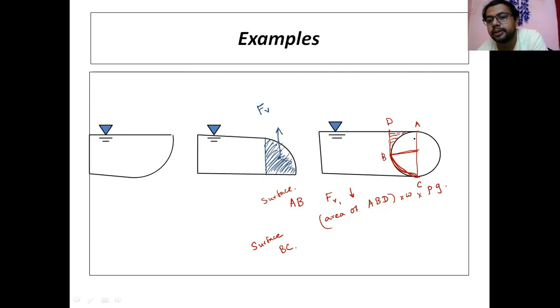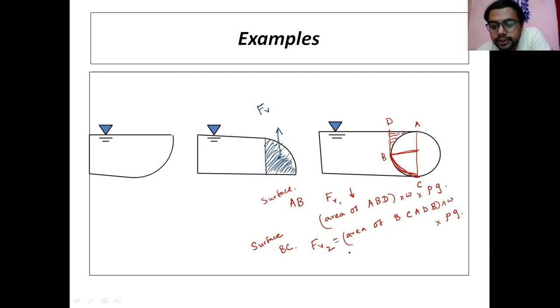So here, the vertical force is nothing but the area of BCAD times the same width times rho g. That is the vertical force acting.